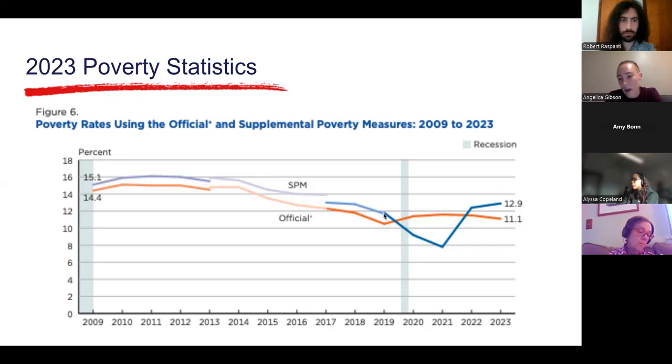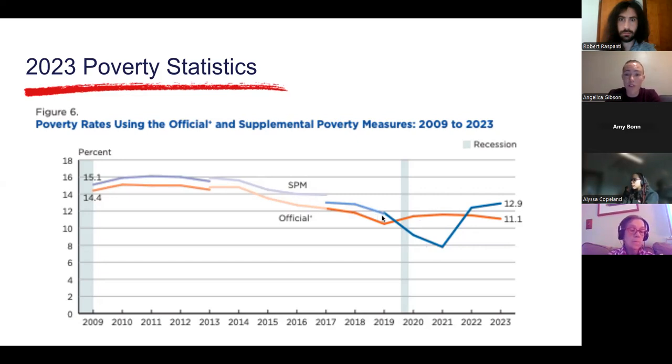And so what happened here in 2020, this was the first time that the supplemental poverty measure had ever dropped below the official poverty measure. Generally, what we were seeing was that the official poverty measure kind of underestimated poverty by just a little bit, and you can see that trend pretty consistently here.